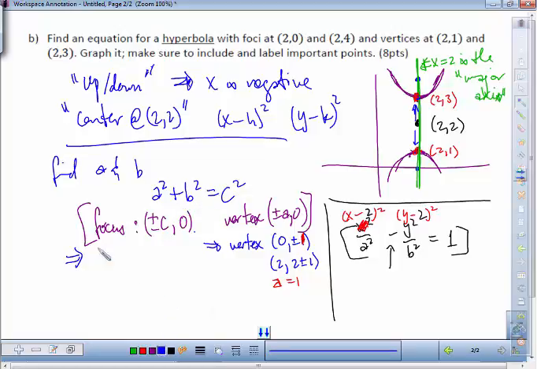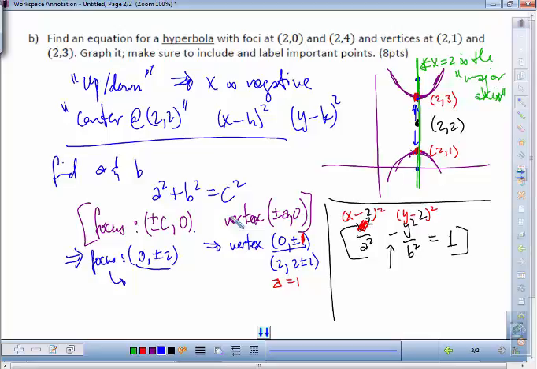So let's find C. The focus is plus and minus 2 units away from the middle. And it's going up along the y-axis, since the x is always going to be 2. So these first points for the focus and the vertex are the unshifted.